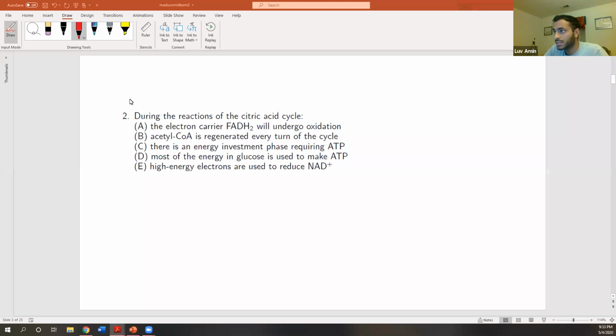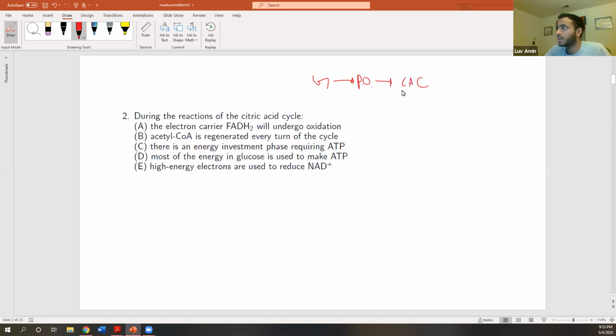Number 2 is saying, during the reactions of the citric acid cycle, what happens? Let's go through what happens in the citric acid cycle first. We know it goes from glycolysis, G, to pyruvate oxidation, PO, and then you go to the citric acid cycle.